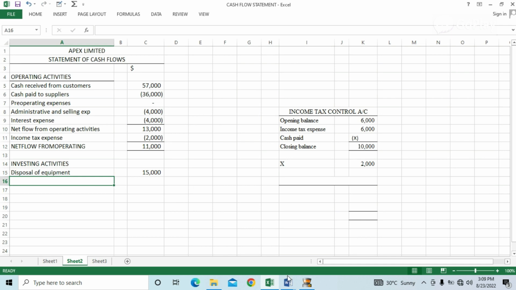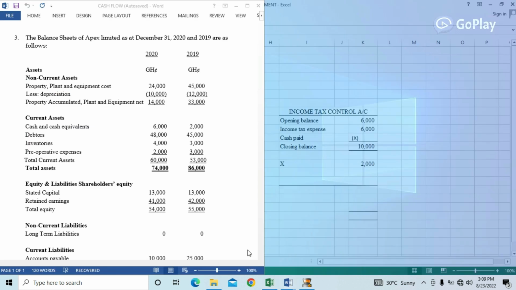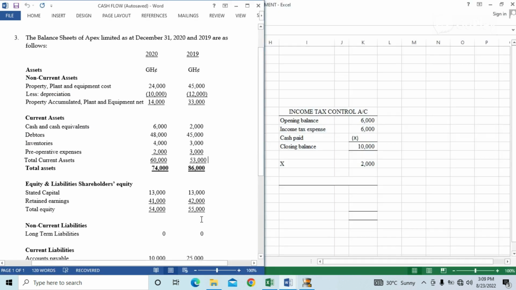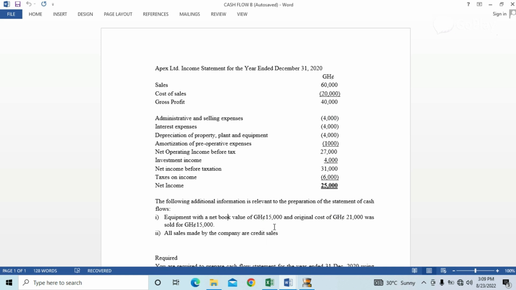Let's check. Okay, so let's look at the income statement carefully and see. Have they invested somewhere? Okay, yes, there is an investment income. So here we have investment income. Let me highlight it for you.